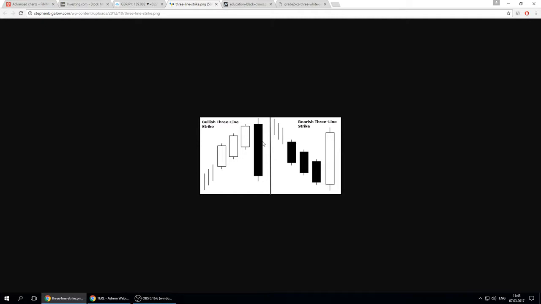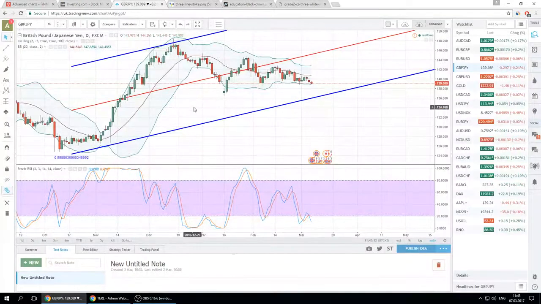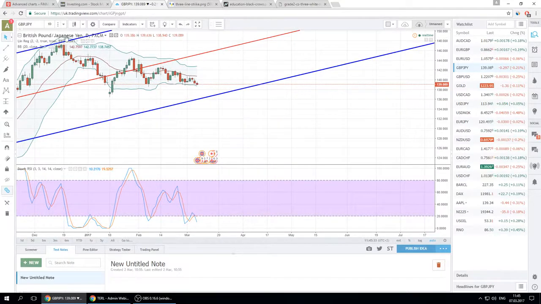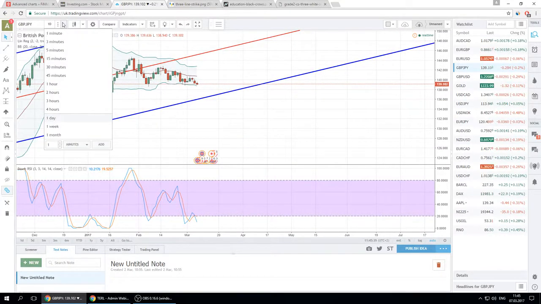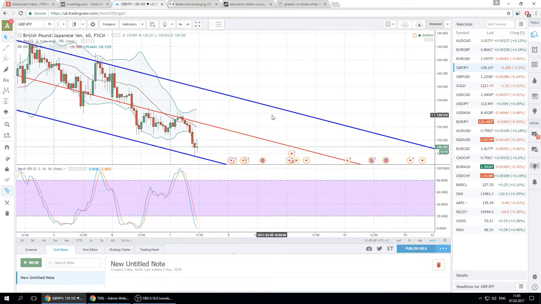When you see signs of this pattern, of course it would be good to open a trade for low in this case, for high in this case, based on the time frame that you are using. This pattern came to us from the stock market, and mostly it was used for a relatively long time frame, so 1 day.